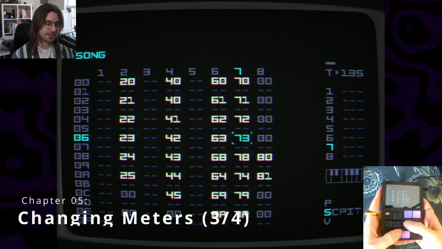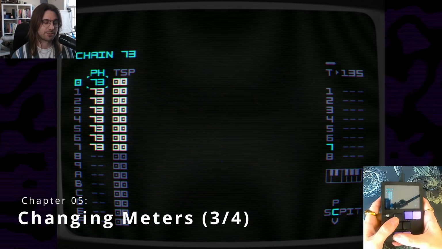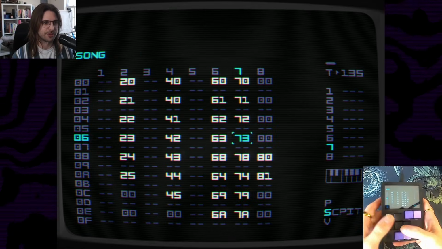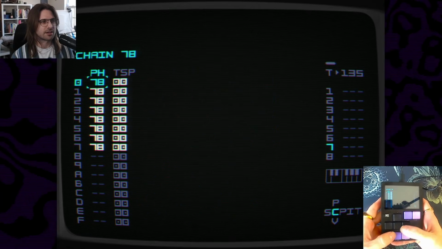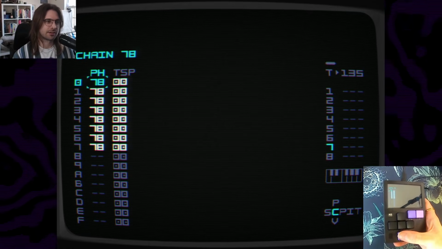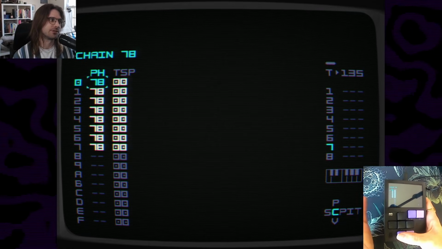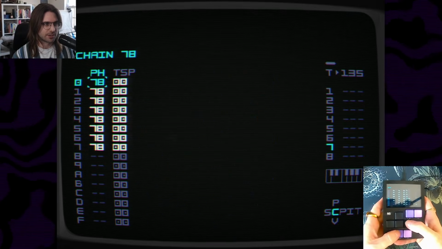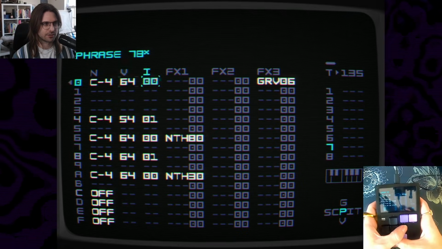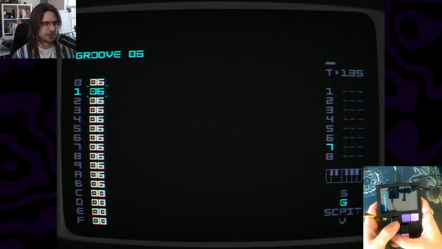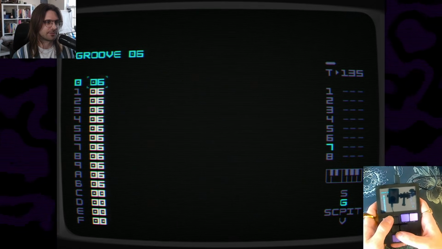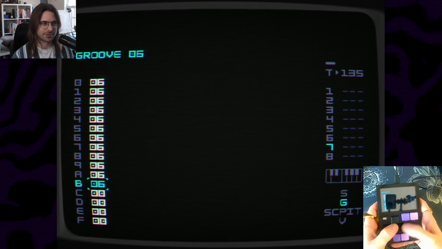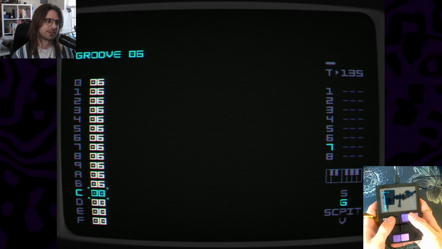So we can take this skipping steps idea a little bit further, outside of the swing world, and move into different meters. Here you can see I have 6, 6, 6, 6, 6, 6, 6, 6, 6 all the way down, and the last 4 I have 0.